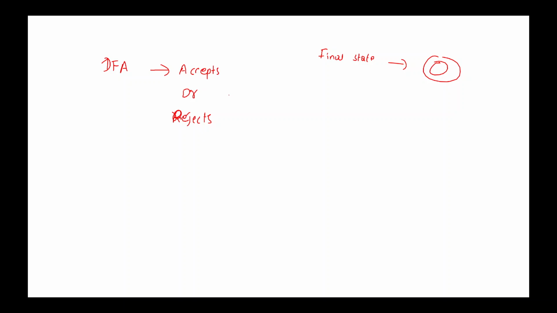So in the state diagram, if I have q0, q1 and q2 as the final state, now I'll start receiving the input symbols. Suppose my input string is 101.